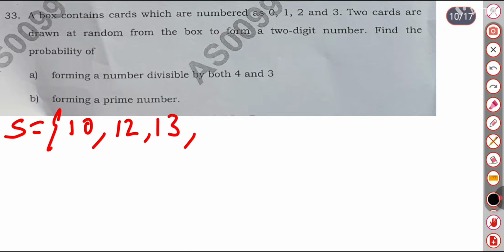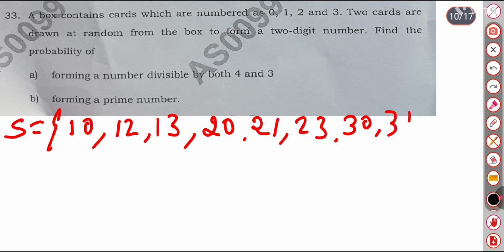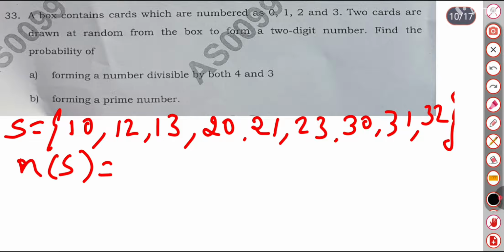From 2 it is 20, 21, 23, then from 3 it is 30, 31, 32. These are the sample space. In that, A we have to find out. For A, here n of S is equal to, how many are there? 1 2 3 4 5 6 7 8 9. Sample space is 9.